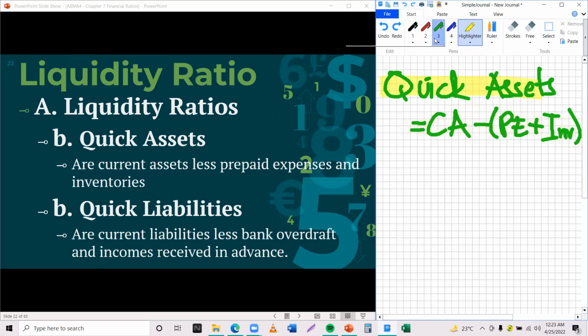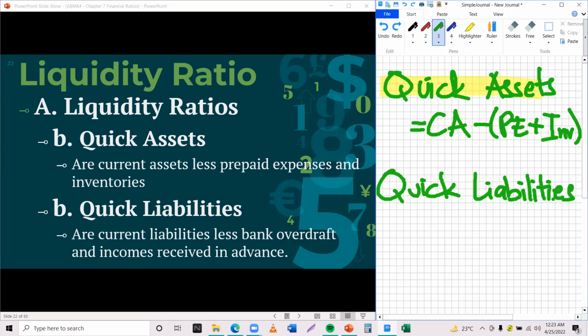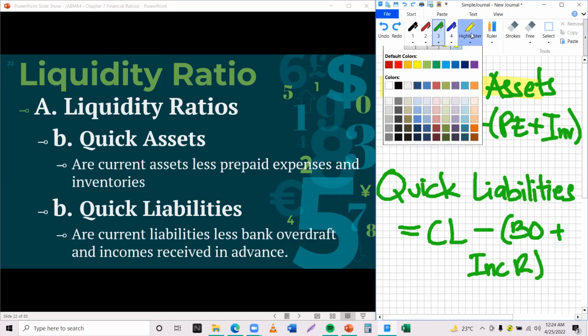That's for quick assets, while for quick liabilities, that would be current liabilities, CL, less bank overdraft and income received in advance.